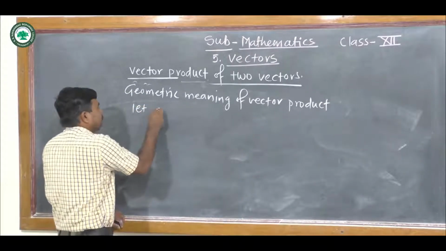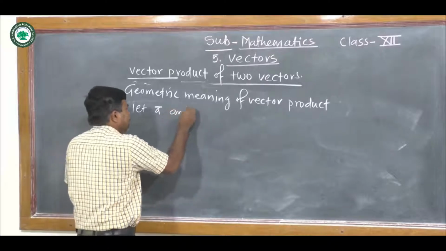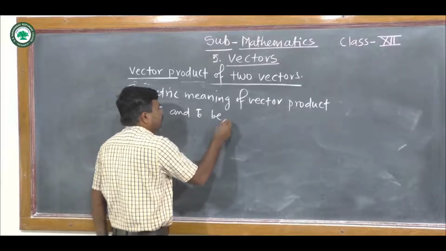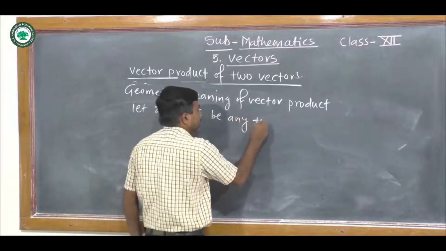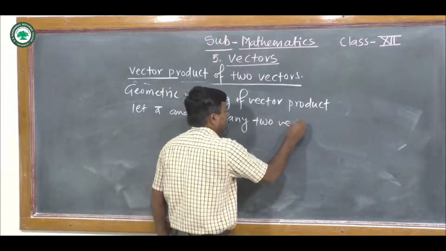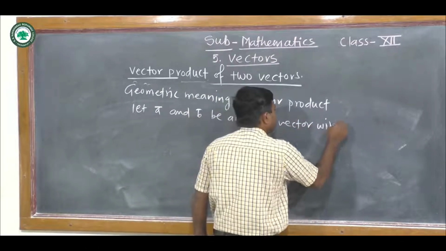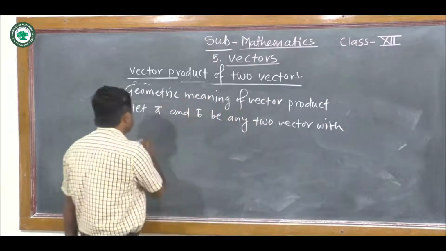Let A bar and B bar be any two vectors with same initial point.